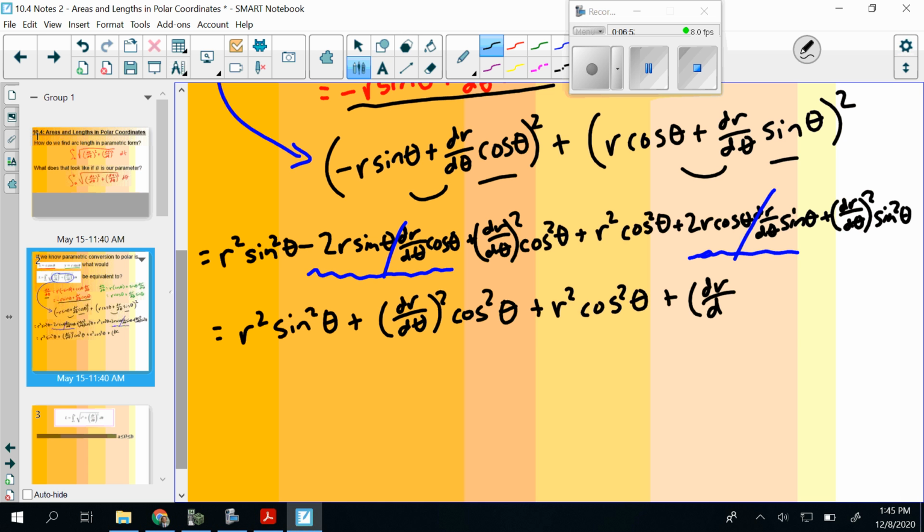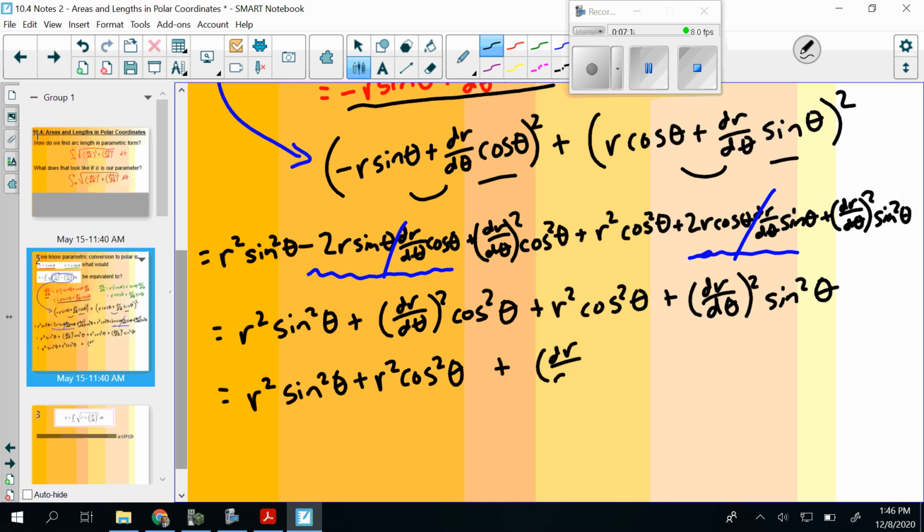All right, what else can we do now? Next thing we're going to do is rearrange this. So I'm going to write the two that have the r squared next to each other. I'm also going to write the two that have the dr d theta squared next to each other.